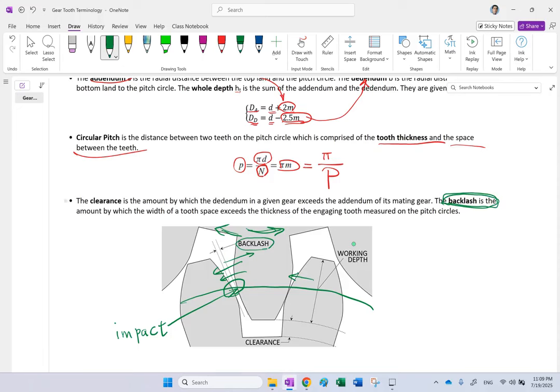But remember that backlash is very critical. Why? Because backlash allows for these teeth to get engaged to each other without any jamming. And if this backlash is very, very small, you might say, what's wrong with making it very small? The problem is when the gears start to heat up, when there is a lot of power exchange between them, and even with lubrication, the system starts to heat up, these gears start to basically get bigger, right?